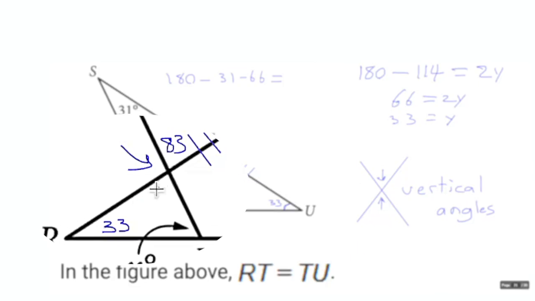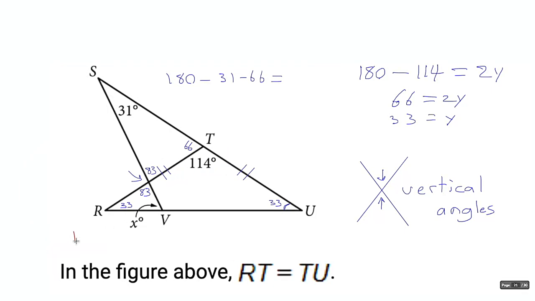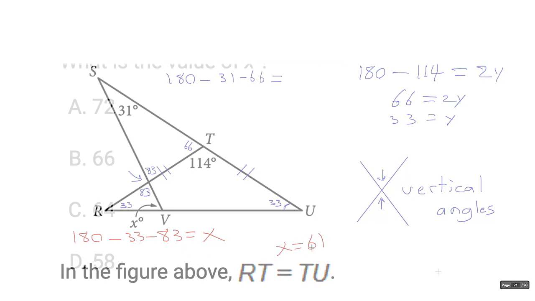So this will also be 83. The last ring around the rosy that we need to do is 180 minus 33 minus 83 equals x. Plug that into my calculator because I'm lazy like that, and that is going to be 61. So x equals 61.